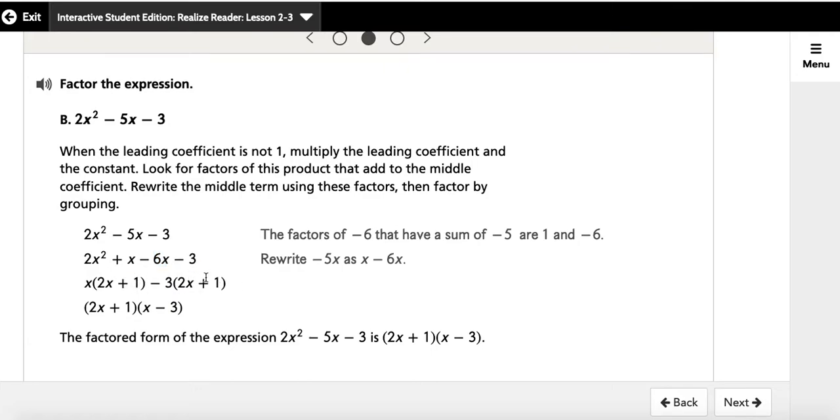Since they both have 2x plus 1, we can take the 2x plus 1 and make that one of the binomials. And then we have the outside here is x, and the outside here is a minus 3, so that would become the other binomial. So the factored form of the original expression is 2x plus 1 times x minus 3.